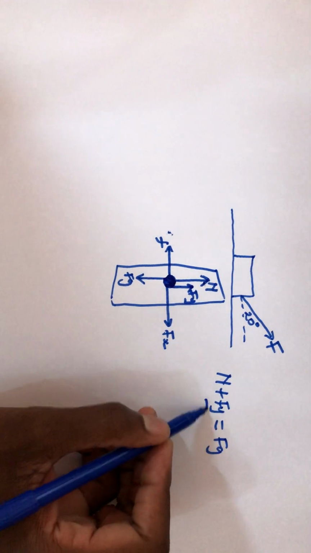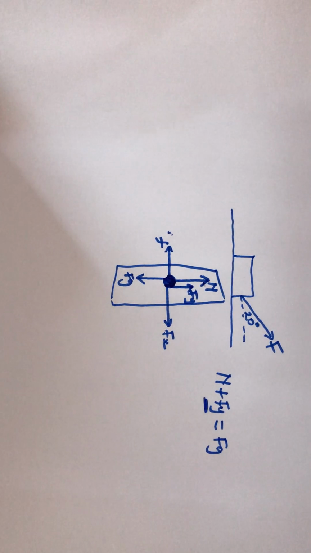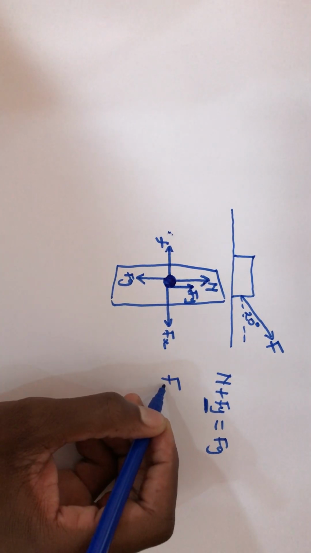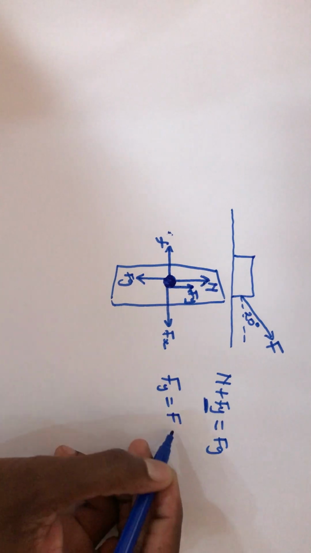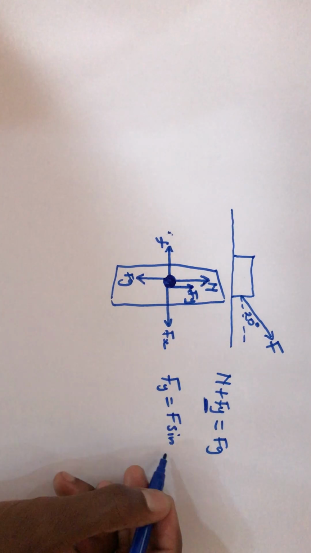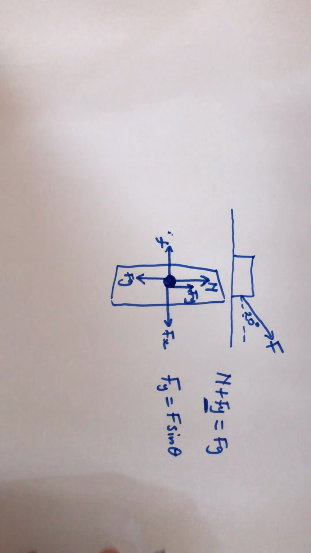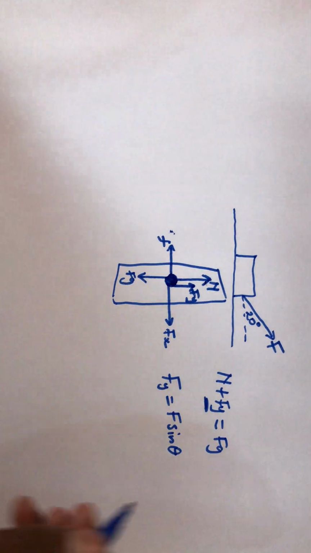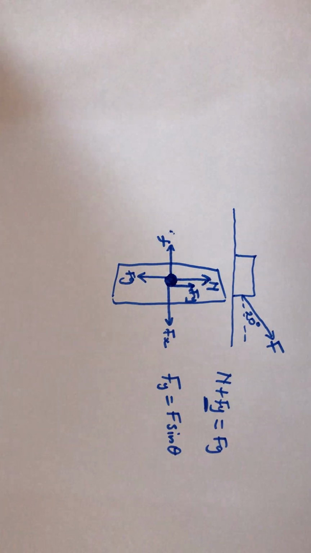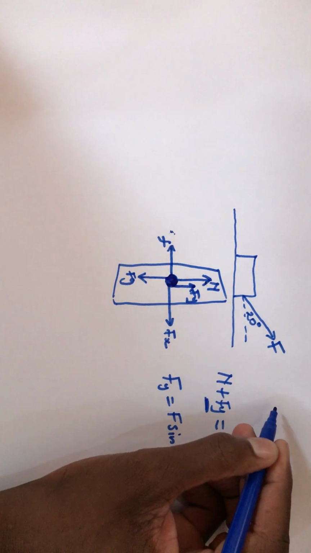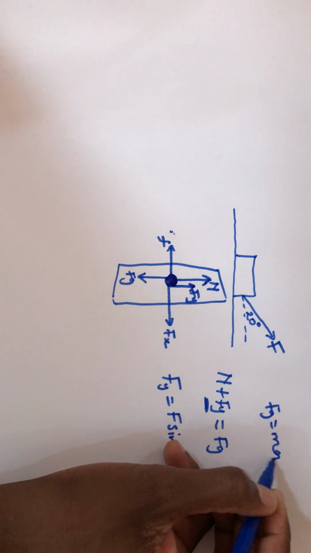So how do we calculate the vertical component of a force? Fy is equal to F sine, since it's vertical, sine of the angle. Now what is that angle? It is the given angle. So now what is Fg? We know that Fg is equal to mg.